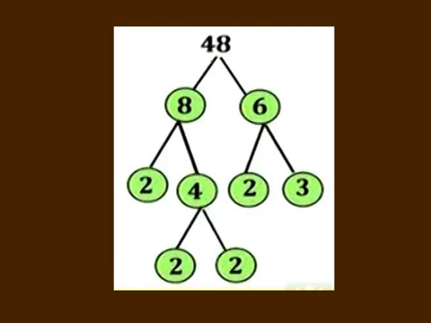And you are observing here 48 can be written as 8 into 6. These are composite numbers, and 8 is 2 into 4 and 6 is 2 into 3, and we can write 4 as 2 into 2. So, 48 can be written as a product of prime numbers: 2 into 2 into 2 into 2 into 3. This is called a factor tree.